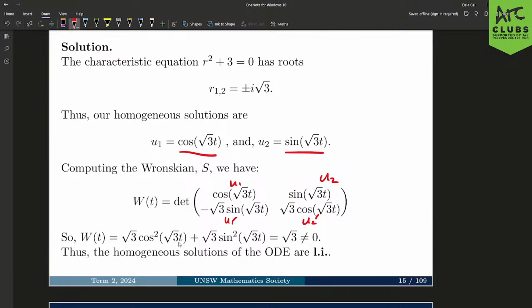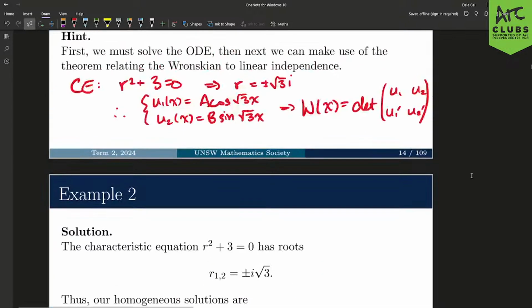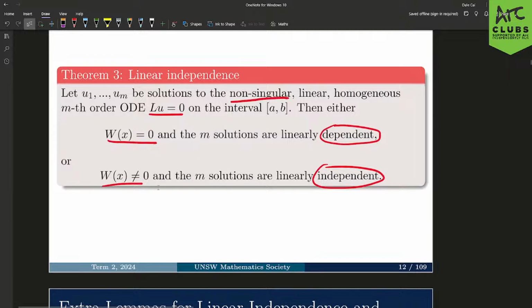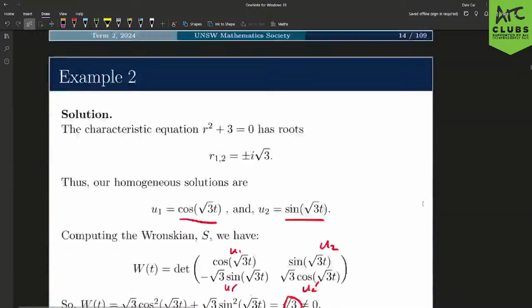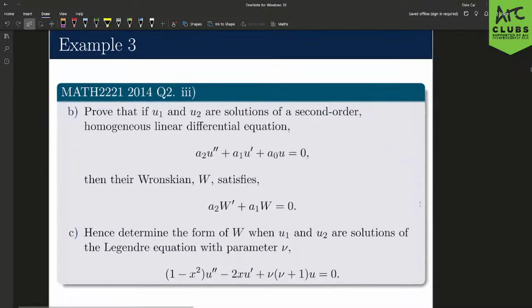You end up getting root 3, which is not 0, which means that the homogeneous solutions are linearly independent, going back to this slide over here. Okay, yep, so that question's done.